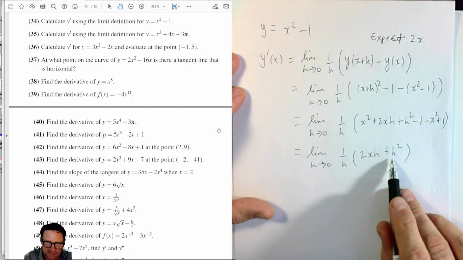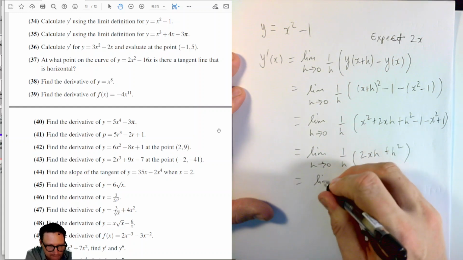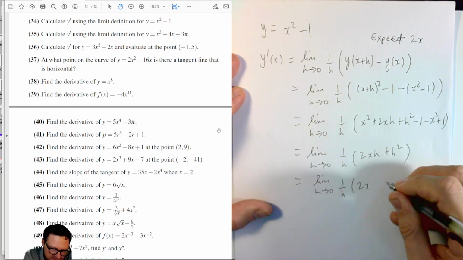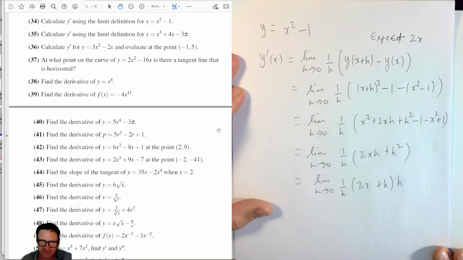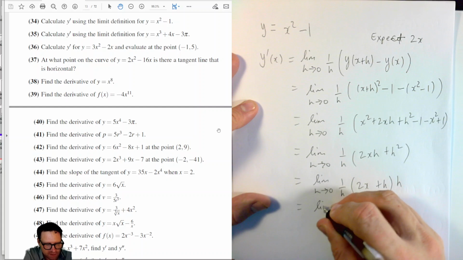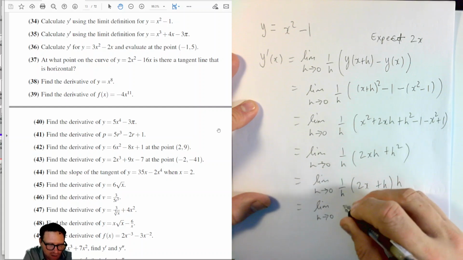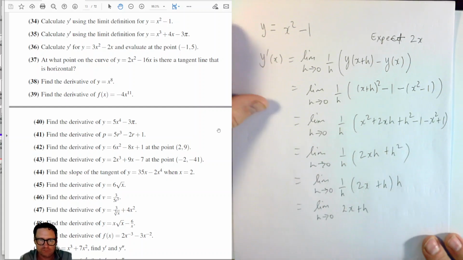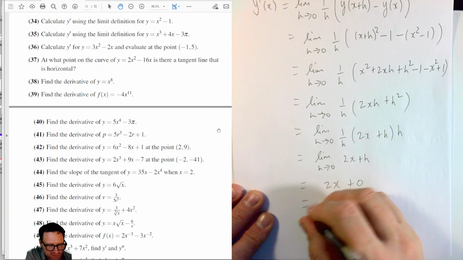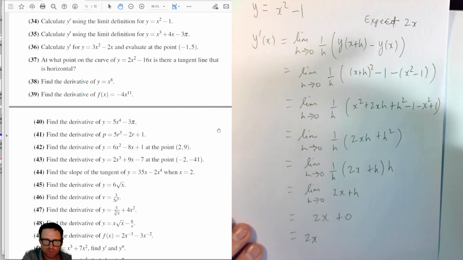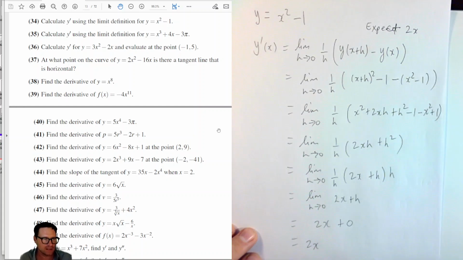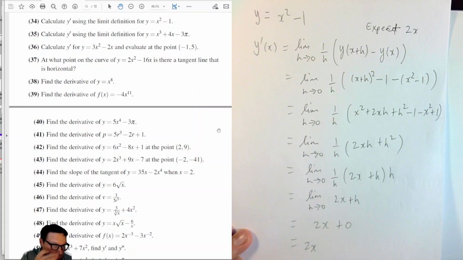Okay, now we need to factorize the h out of this expression in the numerator. So we have (2x plus h) outside of h. Okay, now we can cancel this with this, and so we've got the limit as h goes to 0 of 2x plus h. And so we get 2x plus 0, which of course is 2x, matching what we expect up here, that 2x.